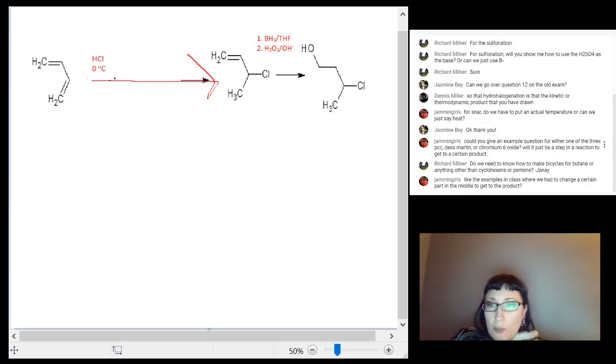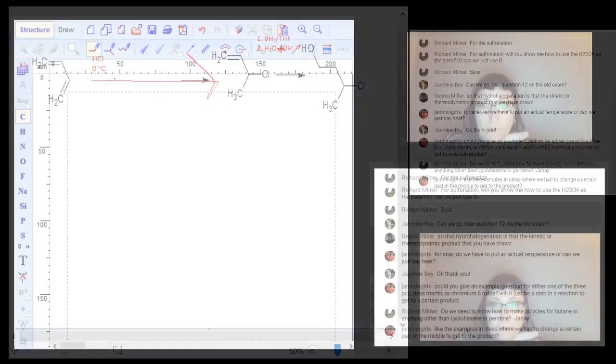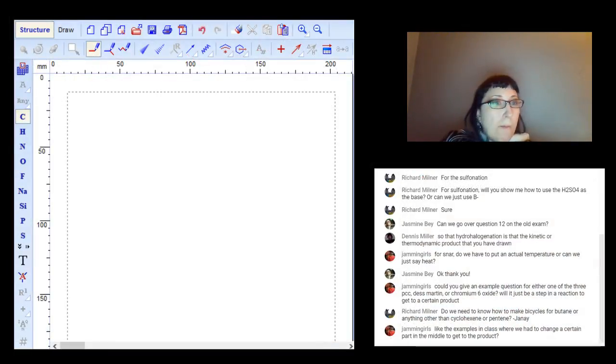So an example for one of the 3, so one of the oxidation reactions. Sure, we can do an example of that. Swap my screen over. So you're talking about oxidation reactions.